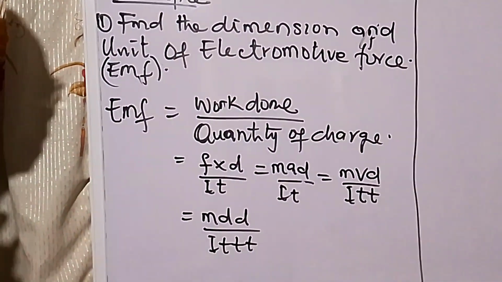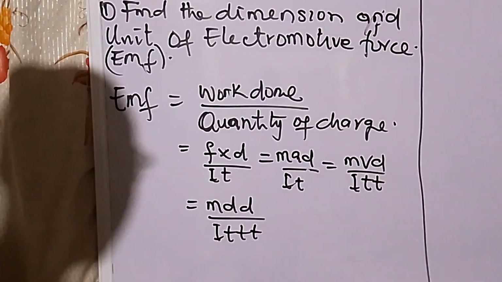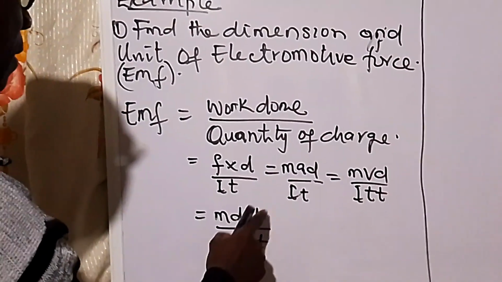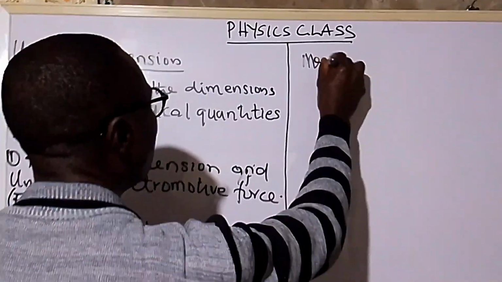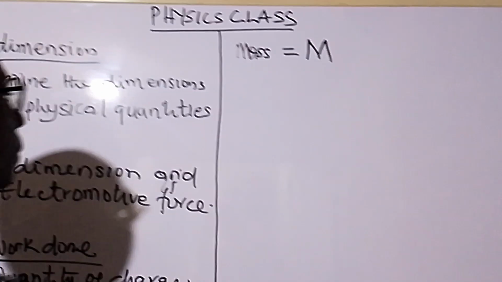Then you can now write it one after the other and compare it with the fundamental quantity. So the present quantities are mass, displacement, current, time. Let's write it as mass. The dimension for mass is capital M.